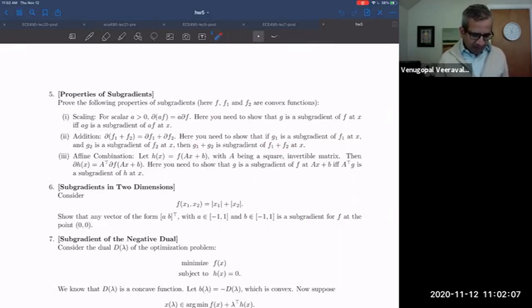Technically, you should be able to go the other way as well, but that's a little trickier to think about, because you need to show that the only way I can create a subgradient for the sum is by using subgradients of the individual functions. Establishing that fact is a little more technical, and I don't really want you to do that.